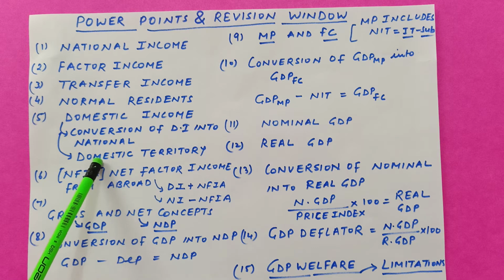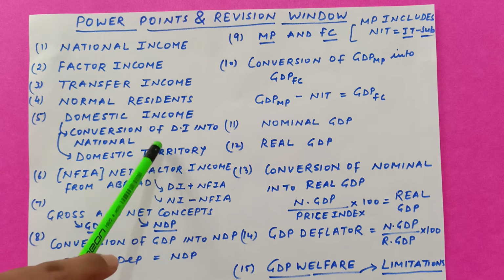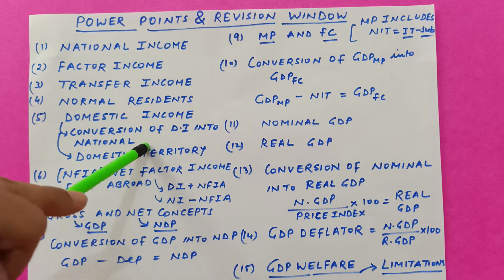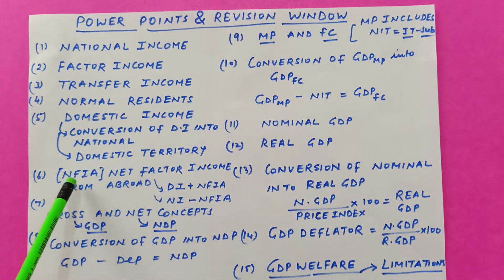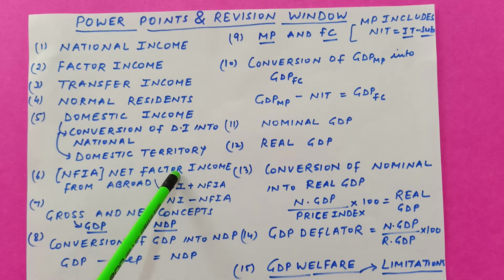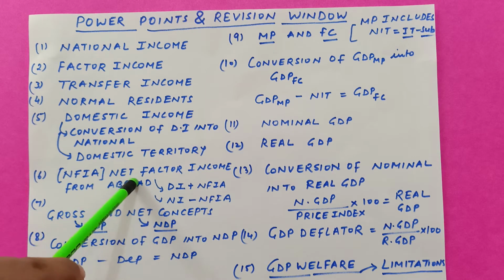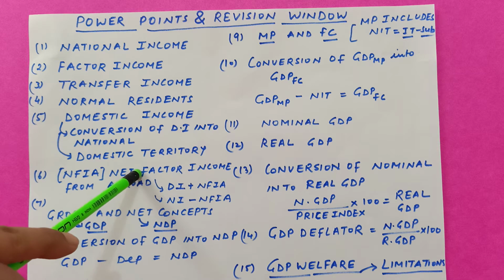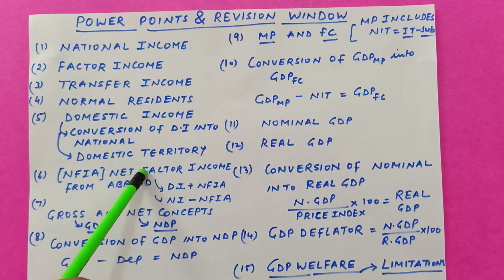Now come to domestic territory. It is the economic territory of the country in which economic activity of the country generates its domestic income. Now come to net factor income from abroad. Net factor income from abroad is the difference between the factor income earned by our residents from abroad and factor income earned by non-residents in our country.